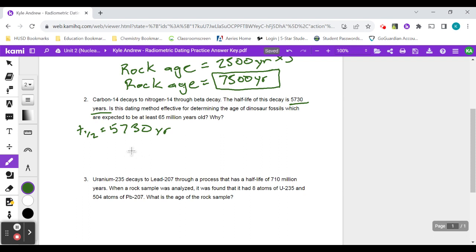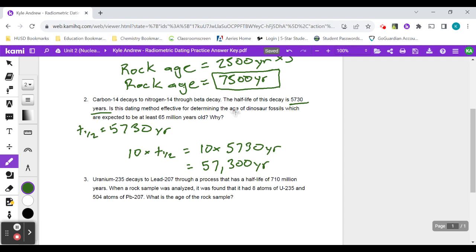So 10 times t to the 1/2 is equal to 10 times 5,730 years, which is equal to 57,300 years.